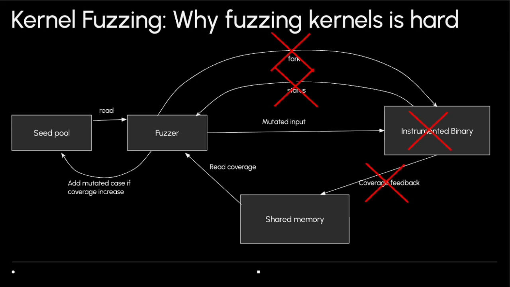The kernel can't write coverage to a shared memory bitmap without source and instrumentation, and if the kernel crashes, the fuzzer dies with it. There's no recovery. Every step of this just breaks, and this is why we need a fundamentally different architecture when we want to fuzz kernels.